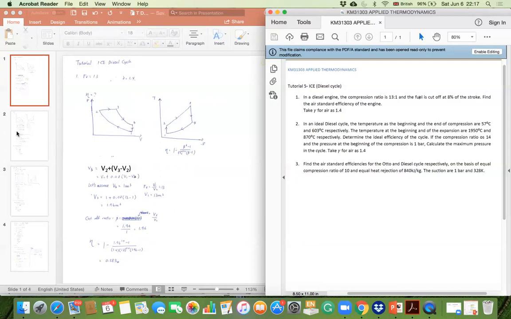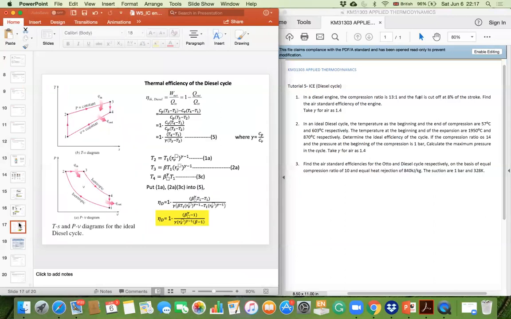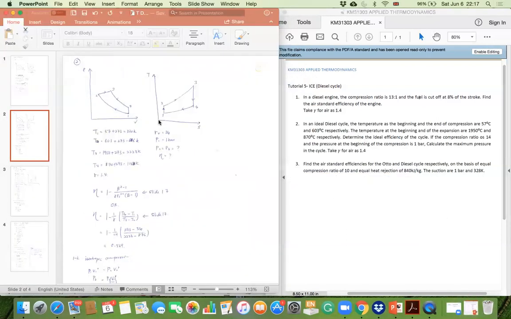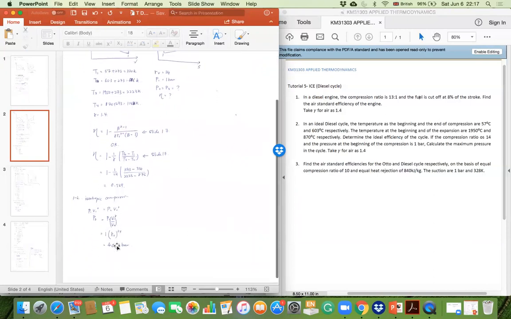Is that okay? Question number 2 is super easy because you have the equation from your slide, I think slide number 17. If you want to know more about the explanation, please refer to the other video that I just shared with you. You just plug it in and you can get your efficiency. Another part asks about the maximum pressure.